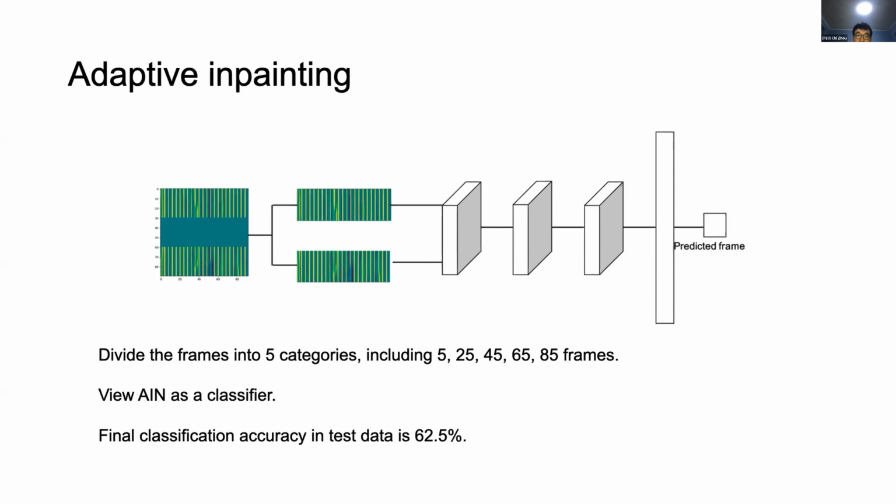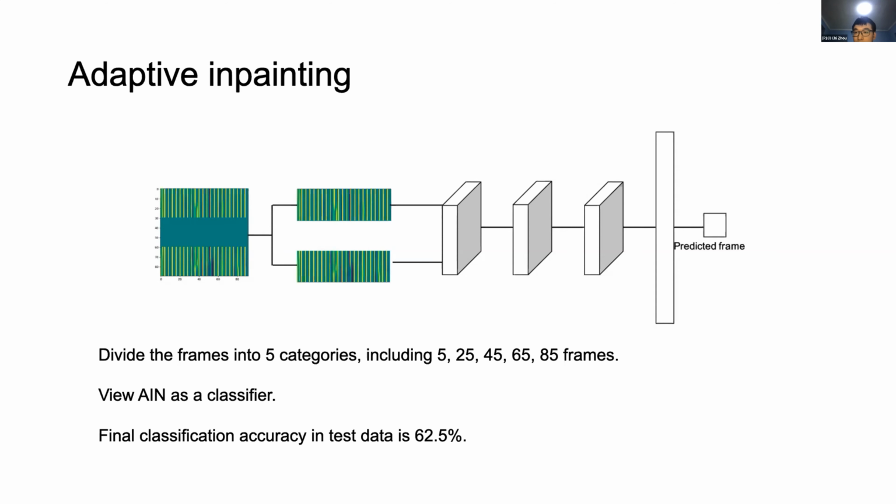Actually, we view it as a classifier, and we also view it as a regressor in our experiments. We find that when the difference of the motion is less than some number, both motion clips have okay visual quality.